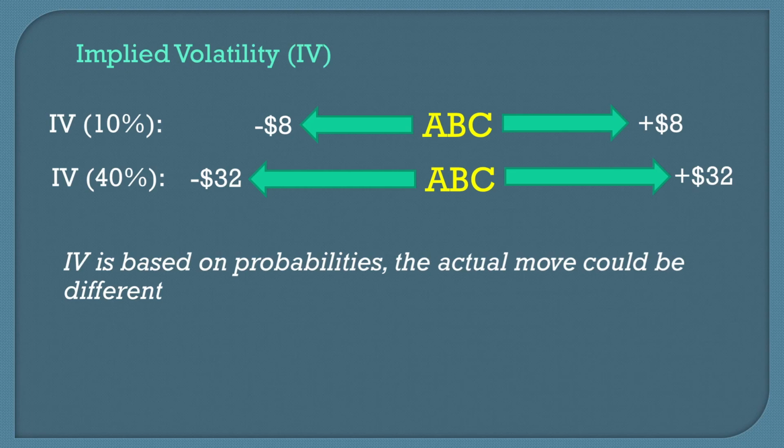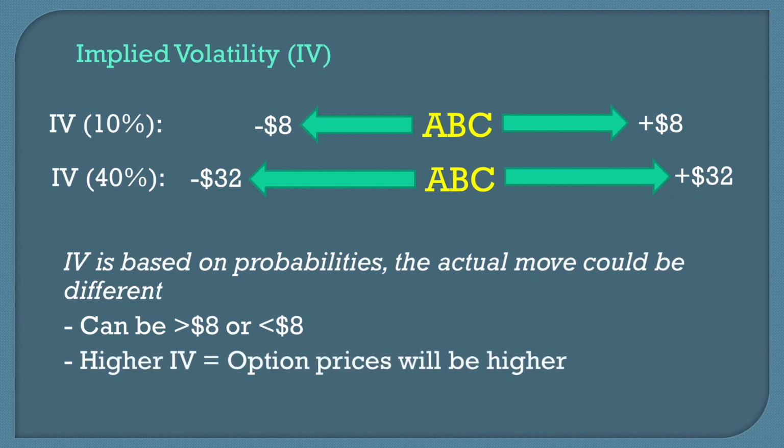If at 10% IV you expect to see an $8 move, the stock might move by $12 or $17 instead. Or the actual move could be smaller, and the stock only moves by $2 or $5 instead of $8. But what you will see when IV increases is the price of an option also increases. You will pay more to buy options when the IV for the option is high.